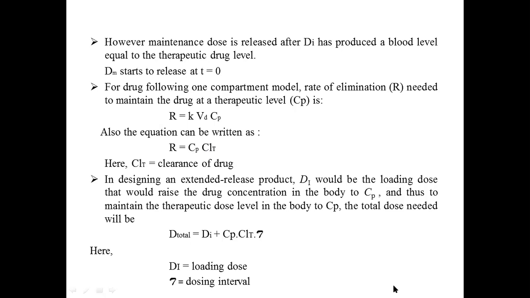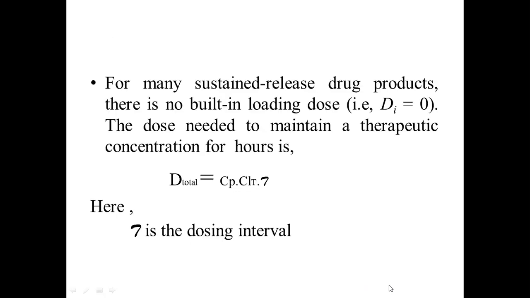While designing the extended release drug product using this formula, Di is the loading dose, which when the extended drug formulation is administered will maintain the therapeutic level, followed by the maintenance dose.